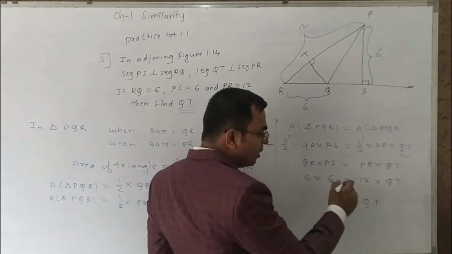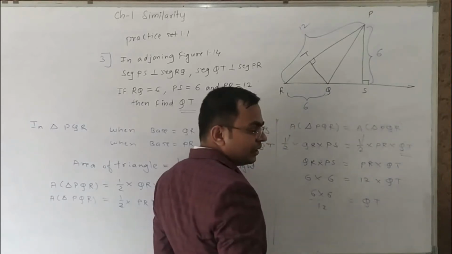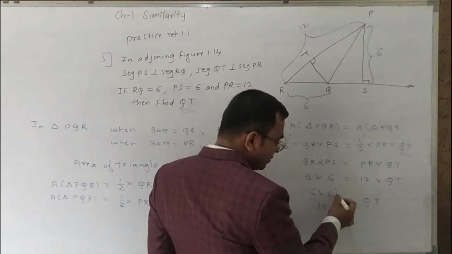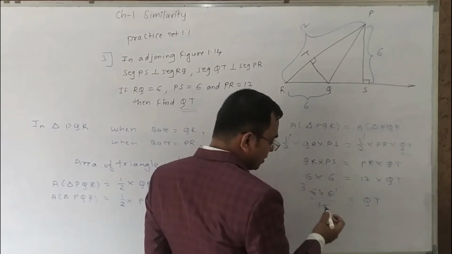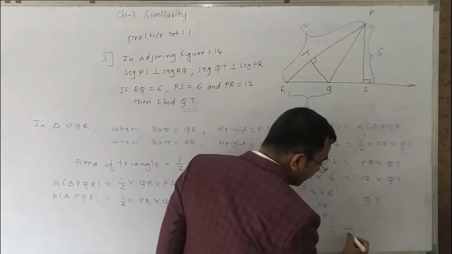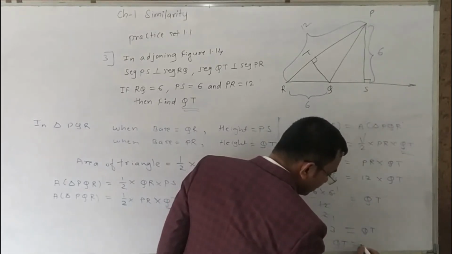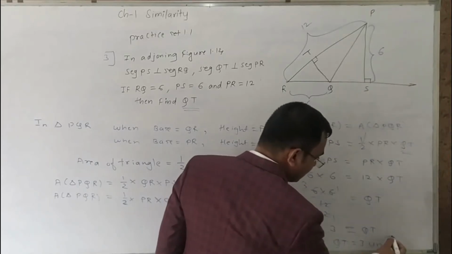If you move it there, it will go in division, meaning in the denominator. So now do the division. 6 1s are 6, 2 1s are 2, 2 3s are 6, so 3 1s are 3. QT is 3, so QT is equal to 3 units. This is our answer.